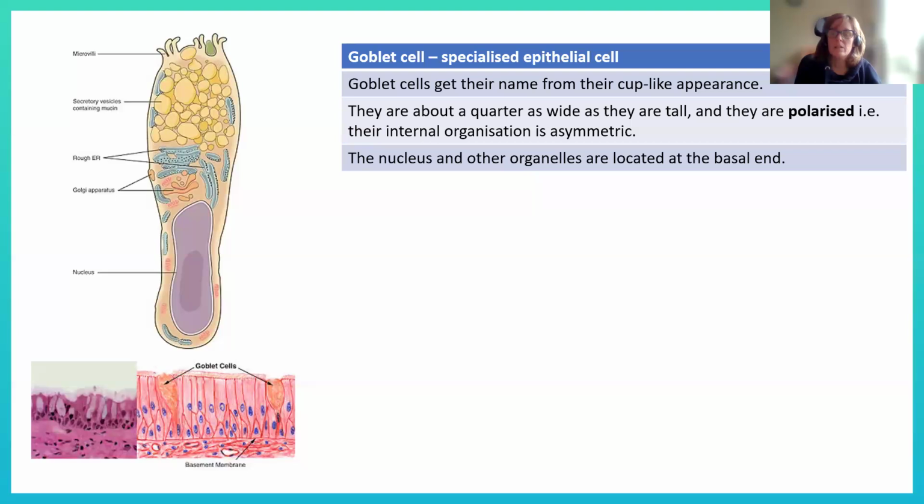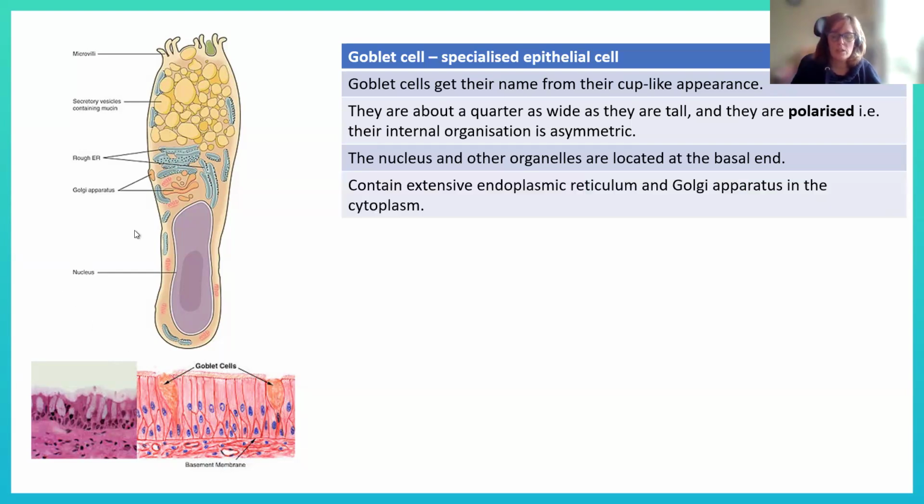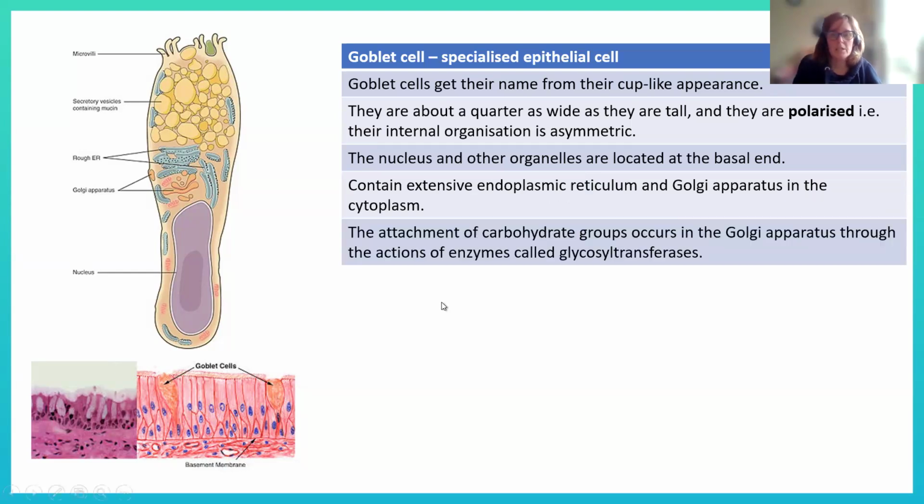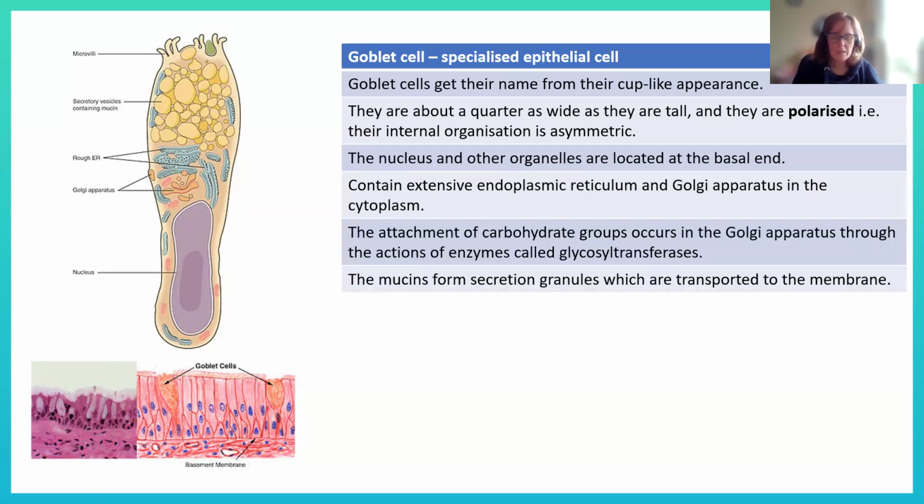This is an example of a specialized epithelial cell because obviously they're all a bit different. We talked about the fact that it's polar, so all of the vesicles and excretory vesicles are at the top. The nucleus and the other structures are towards the bottom in this particular example. So it's a very specific example.